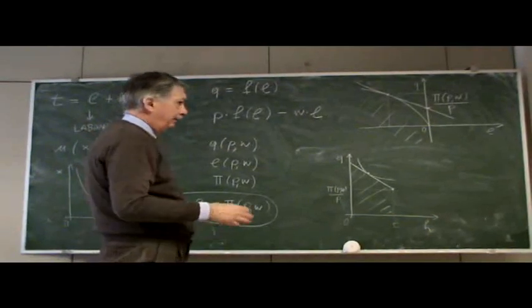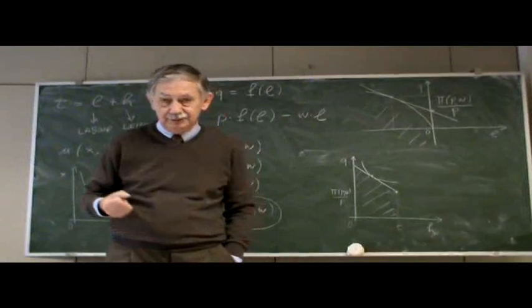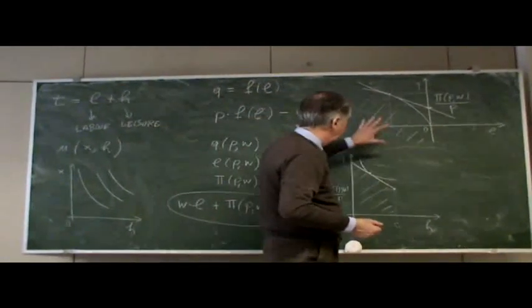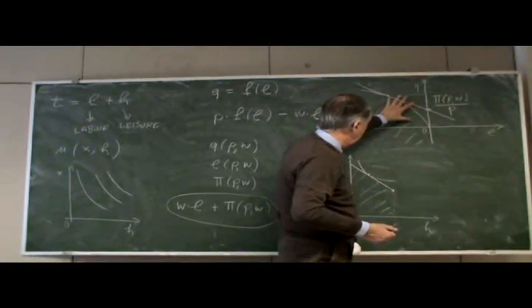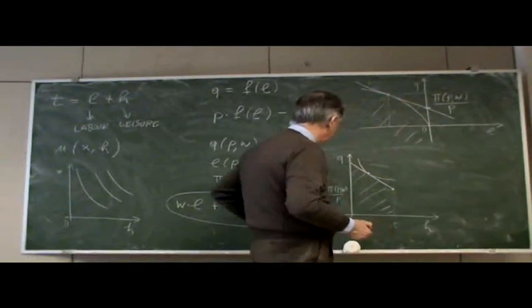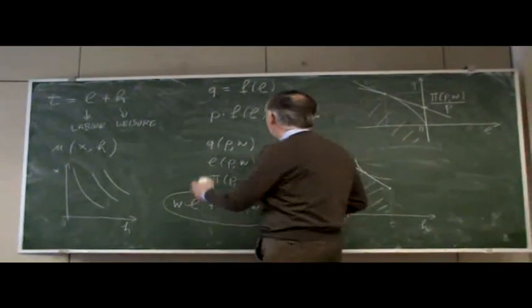In order to have a representation of equilibrium in this context, it is sufficient to superimpose this graphic on this graphic which represents the situation of a firm. And you obtain the following graph.